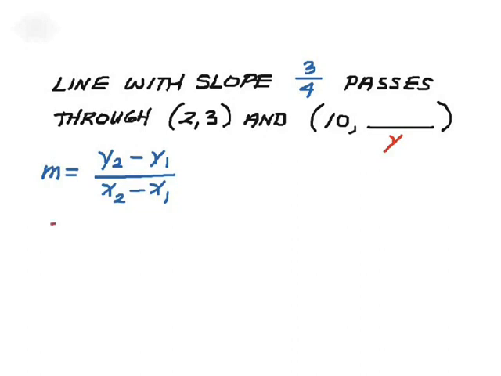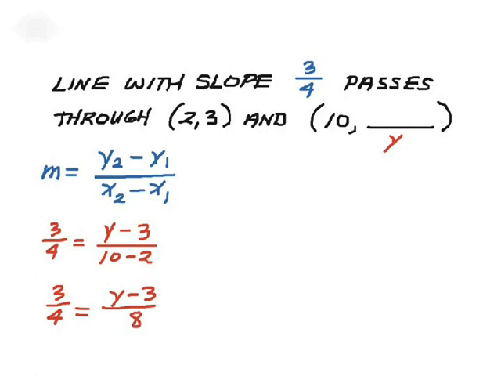I know the slope is 3/4, and that must be the unknown y coordinate minus 3, the difference in the y coordinates, divided by 10 minus 2. So 3 over 4 must be equivalent to (y minus 3) over 8.